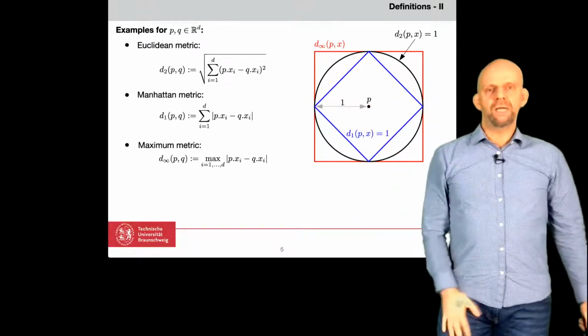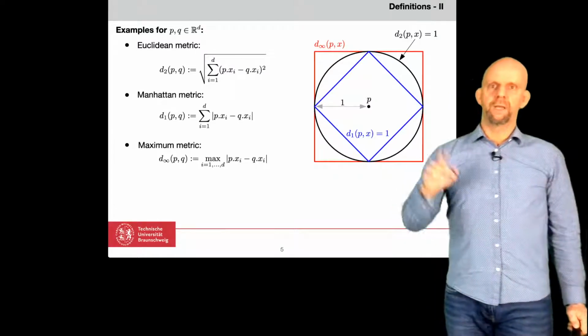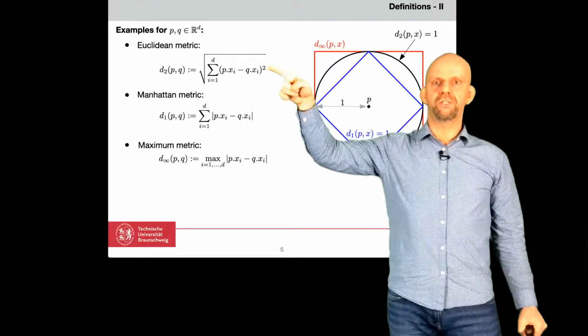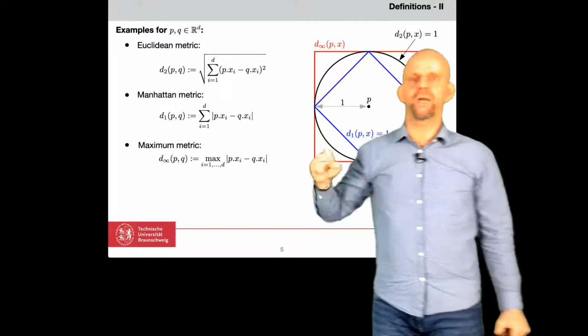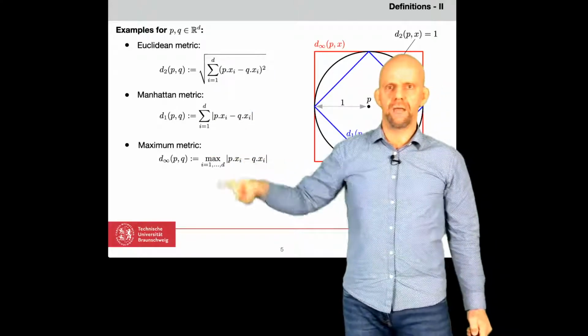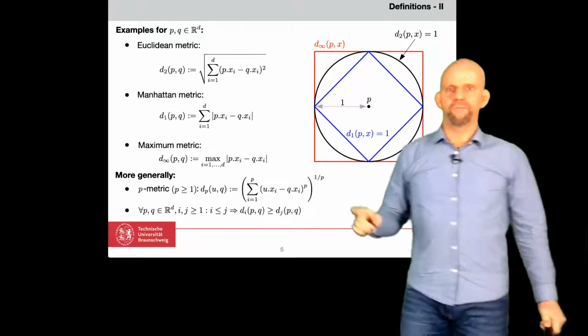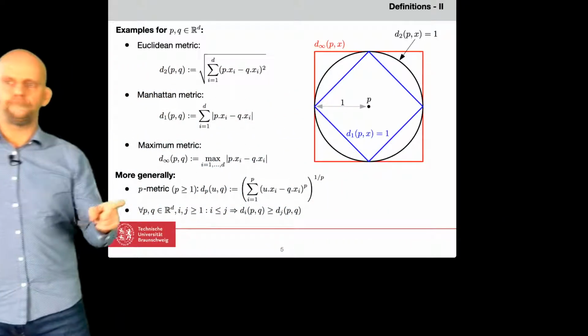That can be generalized. In case you haven't seen this, you learned this in math, but these are special cases. So you see here's a square root of something which gets squared, here is a sum, and here you take a max. There's a way of generalizing that, called the p metric.